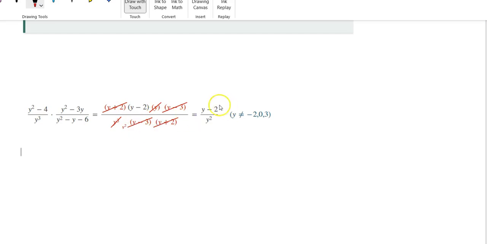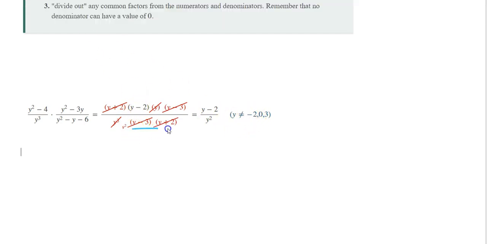This is what they eventually get. These are the restrictions, and notice these restrictions still account for all of these. You have to account for every little thing in there. You can't just say, I reduced it out, so it's no longer a restriction. No, it's still a restriction, even though it's not there anymore.